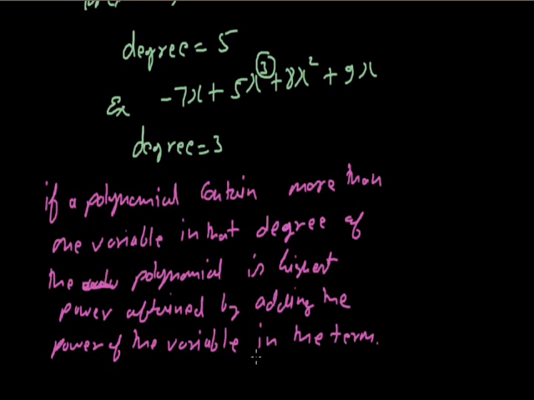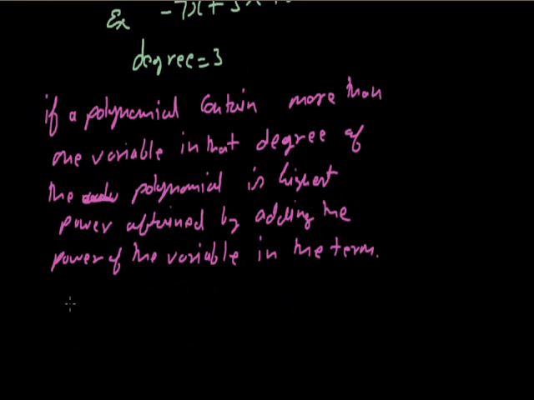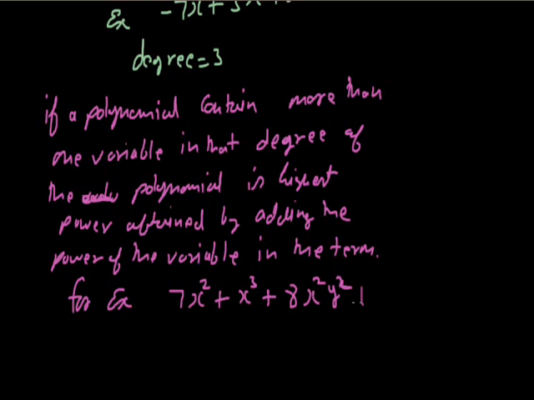For example, let's say 7x square plus x cube plus 8x square y square plus 9xy.